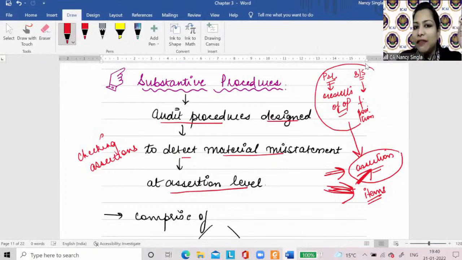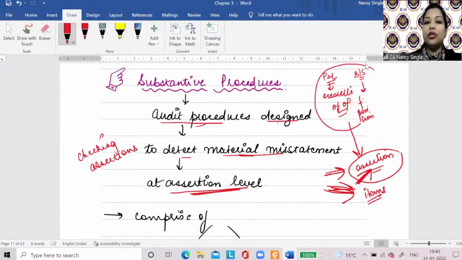The auditor will never give an opinion on whether purchases are fine or sales are fine. The auditor will give an opinion on whether the financial statement represents a true and fair view. And the financial statement is prepared by putting together various assertions, items and information. So substantive procedures are the auditor's procedures designed to detect material misstatement at the assertion level.